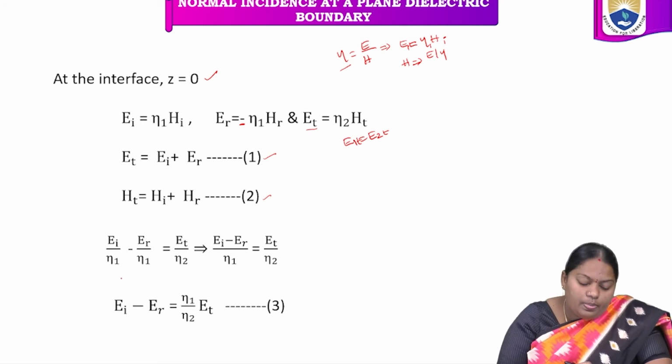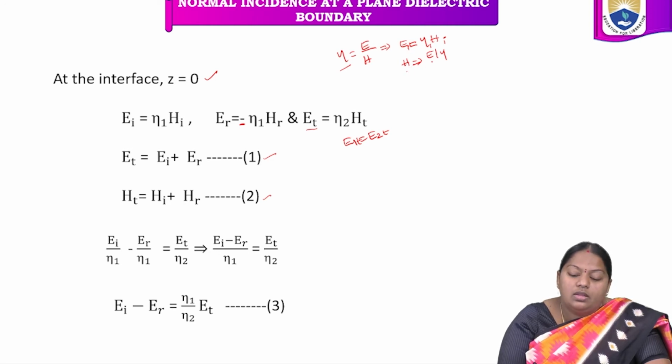Now consider equation number 2. In that you just write H by, what is that relation? H is equal to E by eta. So if you are going to write H1, it is E1 by eta 1. If you are going to write the equation for H2, then E2 by eta 2. Right?